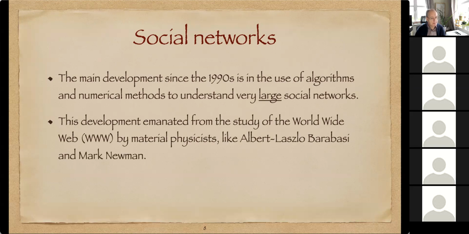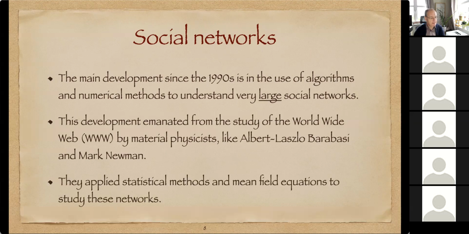And it all started with the analysis of the World Wide Web, those pages on the internet and how they are related. And then physicists were interested in that because they did grant proposals to apply physics methods to describe the World Wide Web. And they ended up revolutionizing network theory.